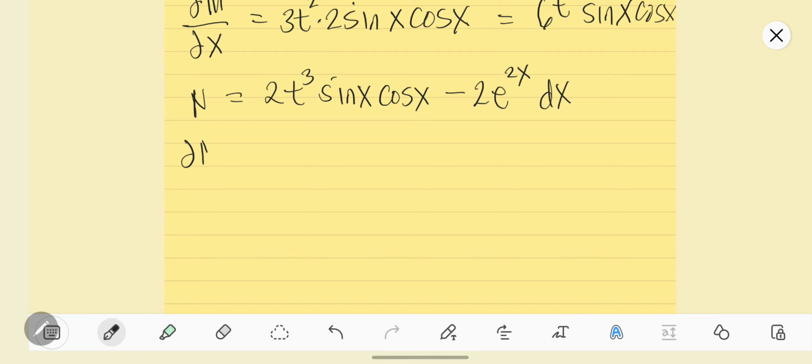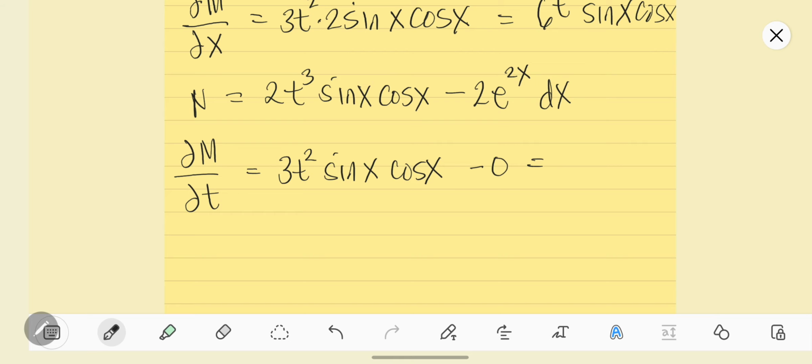So the partial derivative of m with respect to t is equal to, now the partial derivative of that is 3t squared sine x cosine x minus 0.